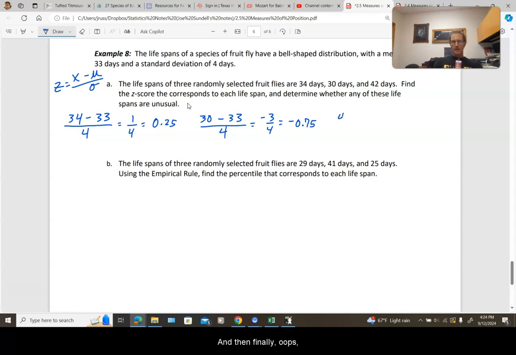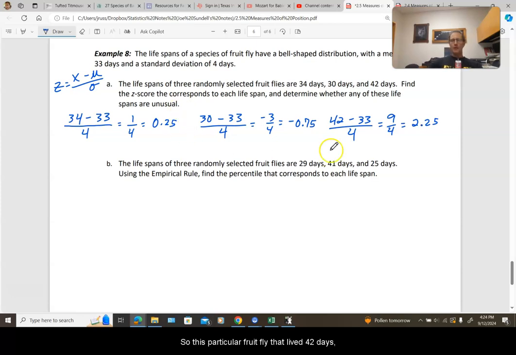And then finally, this next one's going to be the ancient fruit fly. 42 days minus the mean, which is 33, divided by the standard deviation. This is going to be 9 divided by 4, and that, guys, is actually 2.25.